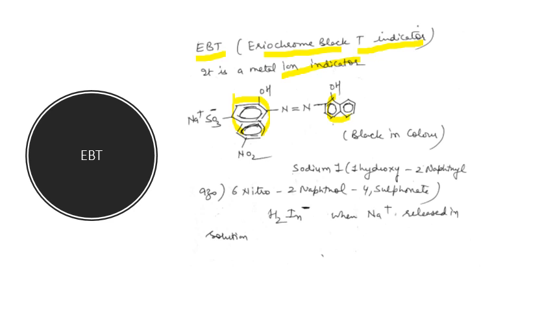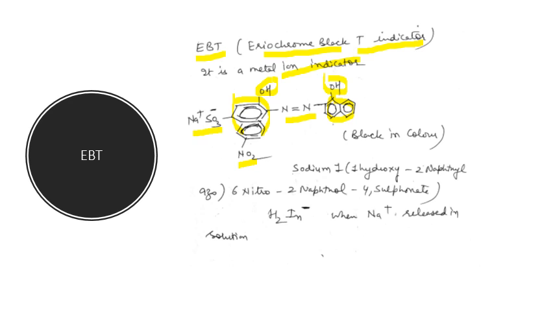Here the other two benzene rings make the naphthalene group. There are two phenolic groups, OH, one is this and the other is this. So it is also acidic in nature, having the N double bond N, that is azo group, nitro group and sulfonic group with the sodium.